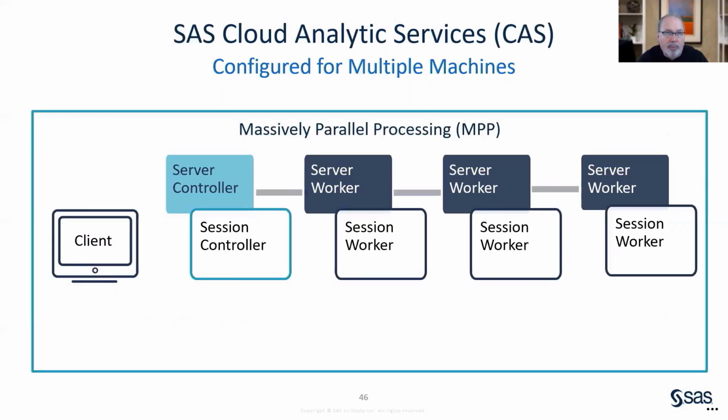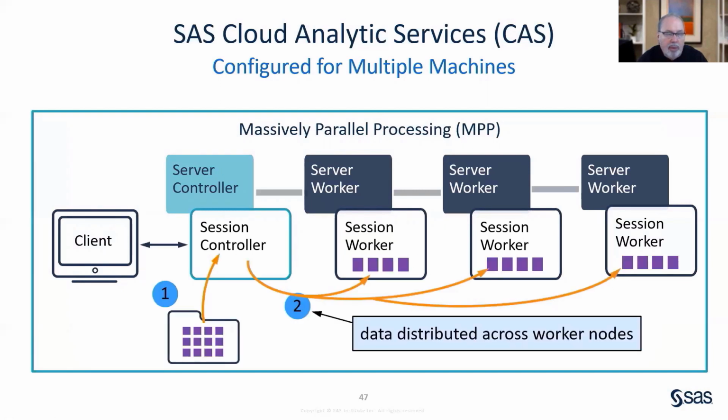SAS is normally configured to run on multiple machines. We have the server controller, which will have a series of session controller instances running on it, and several server worker nodes, and each of these will have worker sessions running on them. We communicate with our session controller from our client.